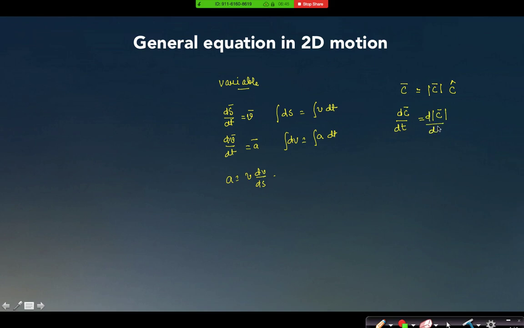So I will do d by dt of mod c into c cap, plus I will take mod c as a constant, and then I will do the differentiation of the unit vector. That is also a very important thing to understand, how we can differentiate a unit vector, because its magnitude is always 1, but again I can differentiate.